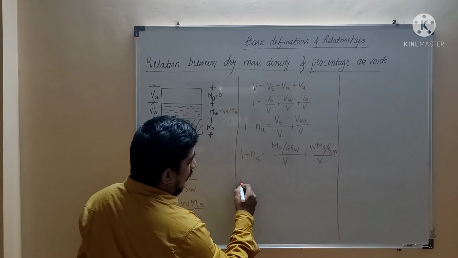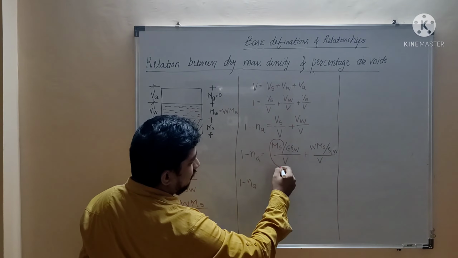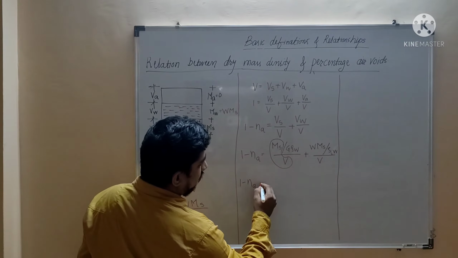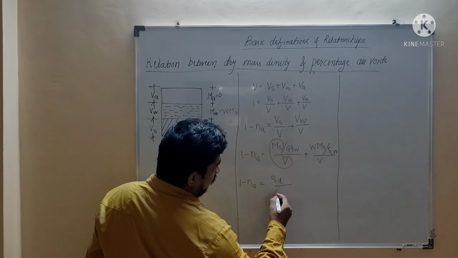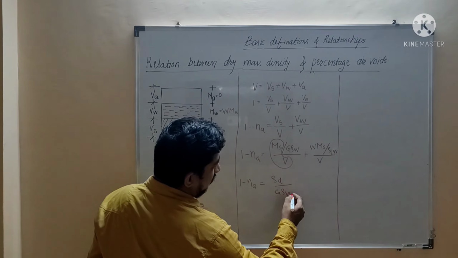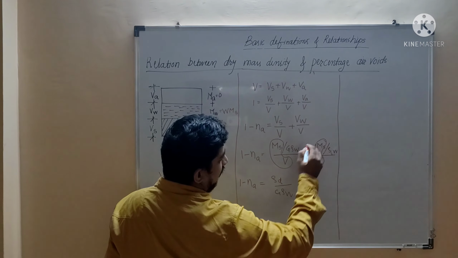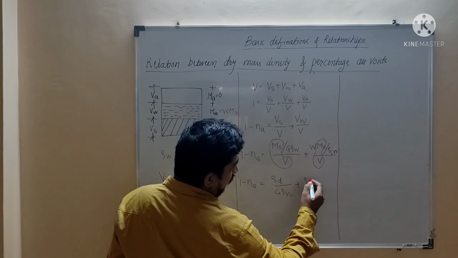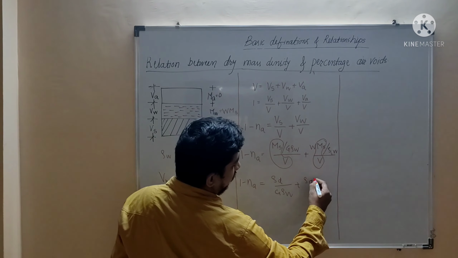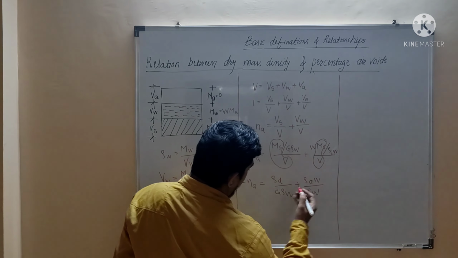So now 1 minus Na, as simple as it is: Ms by V is rho d, divided by G into rho w. Here also the same, Ms by V is rho d, into w divided by rho w.